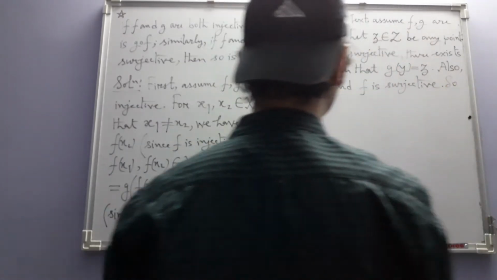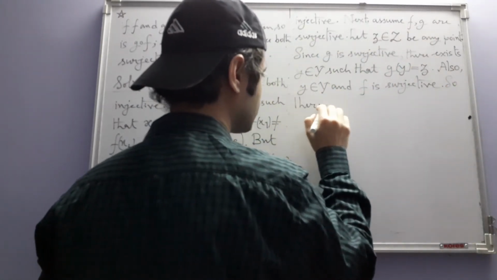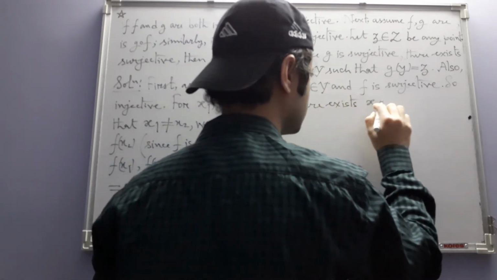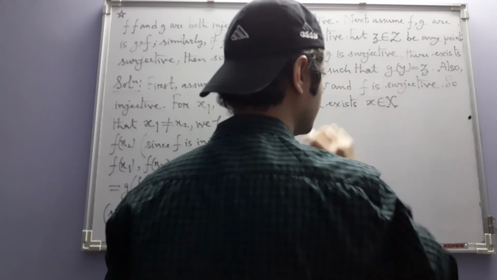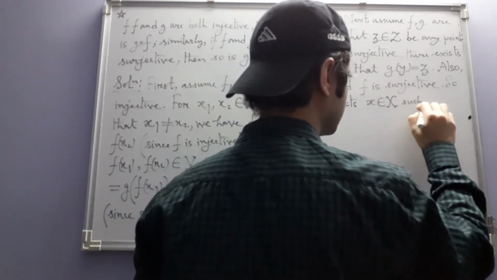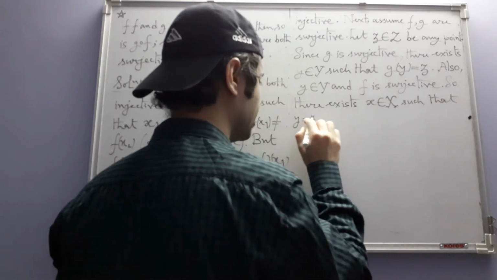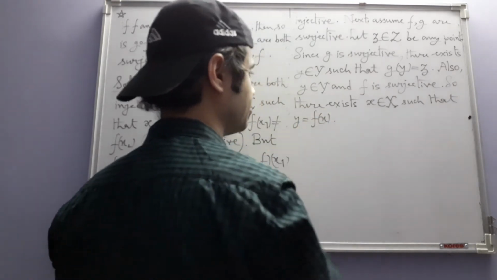So there exists some x belonging to X such that y is equal to f(x).